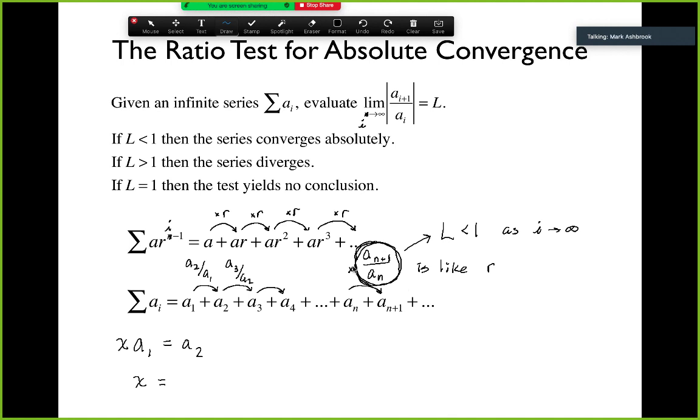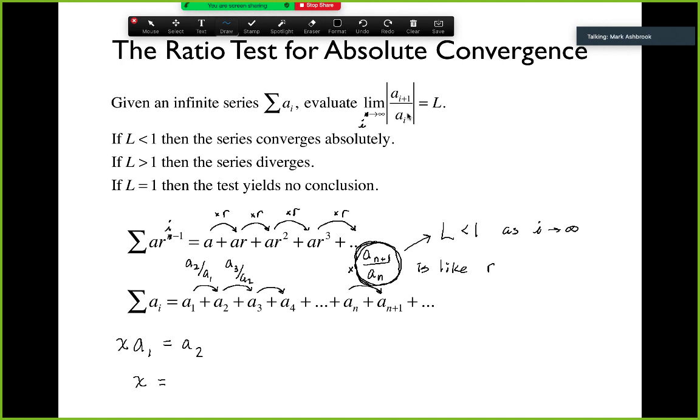And if the limit of this ratio is getting closer and closer to a value greater than 1, well, then it's becoming like a geometric series with that r value being greater than 1, and it would diverge. That's what this is saying, right? Look at the limit of the sequence, which is something like the multipliers, like r. If those multipliers converge on a value less than 1, then this sequence is becoming like a geometric sequence with r less than 1.